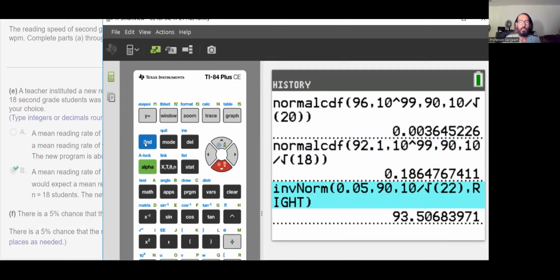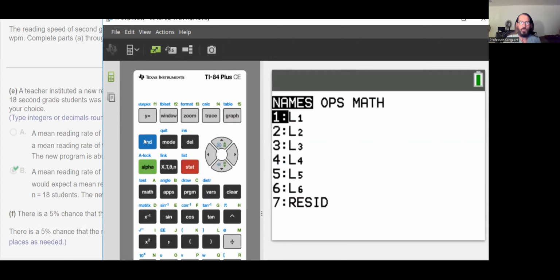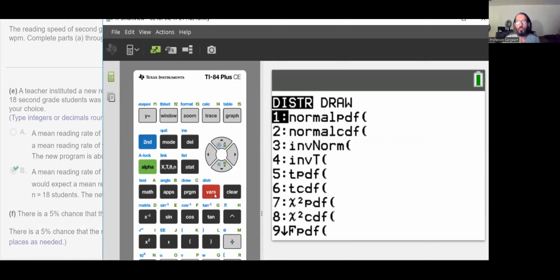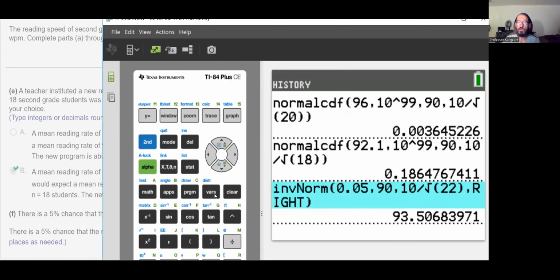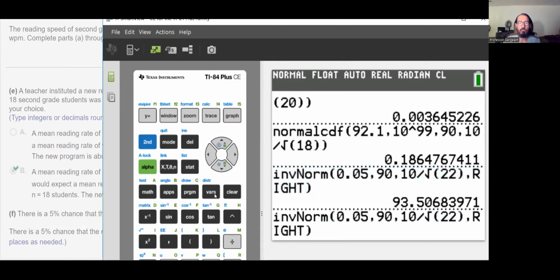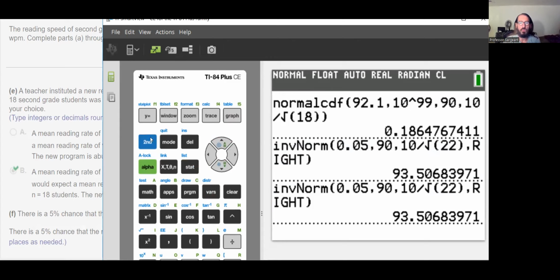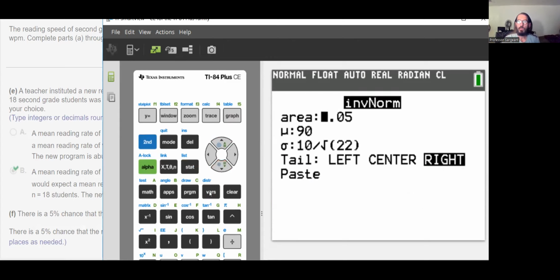So by default, the older TIs, the TI-83 or an older TI-84, is only going to the left. And I want you to see something here. Let's do that again. Let's change that to going to the left.